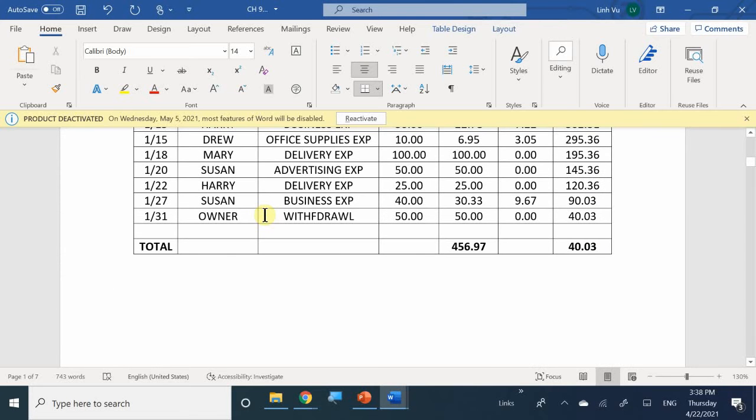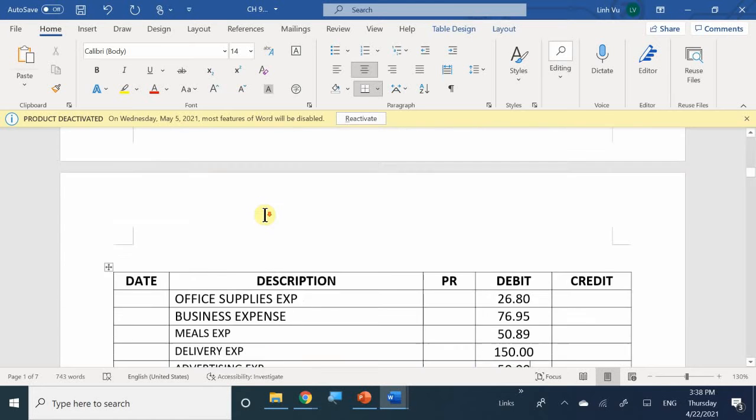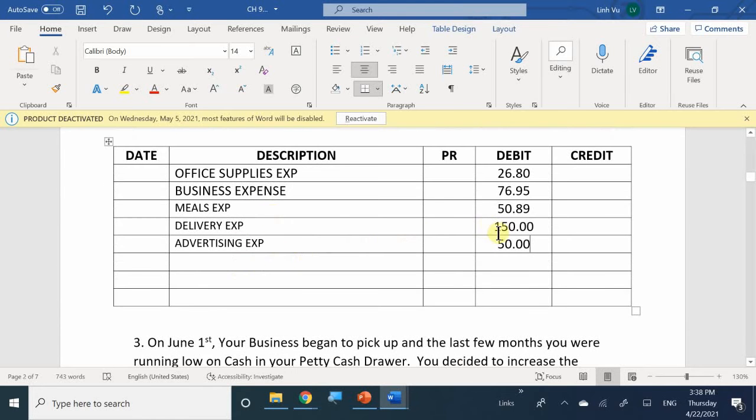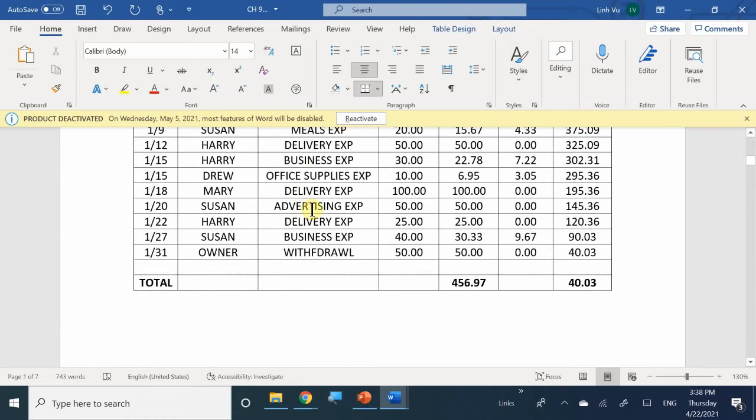All right, what else happened here on January 22nd? Delivery expense. We got another delivery expense for $25. That'll take it to 175. And then what happened on the 27th?